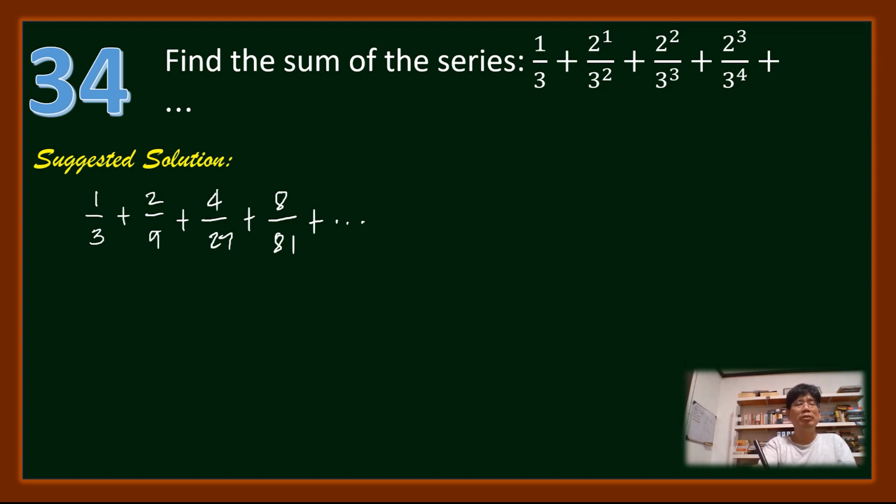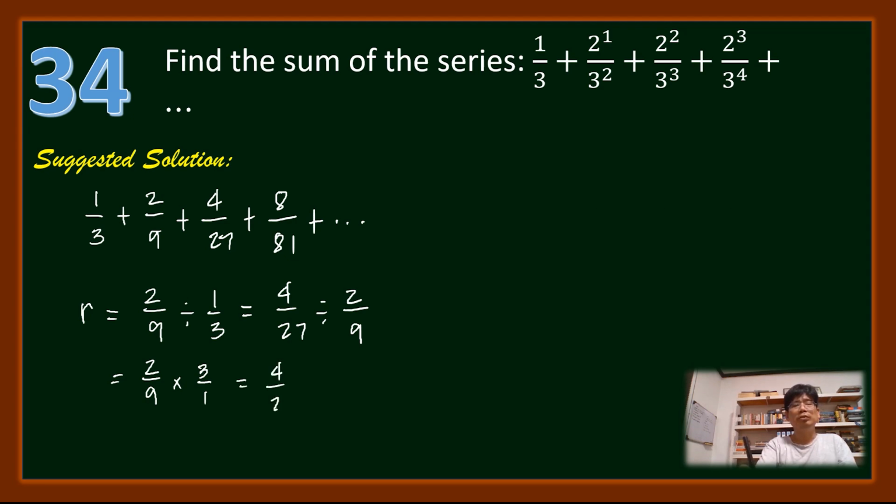Let us check whether this is a geometric series. That is, to check whether there is a common ratio. r is equal to the second term divided by the first term. This must be equal to 4 over 27, the third term, divided by the second term. Dividing fractions, we copy the dividend and multiply this by the reciprocal of the divisor.